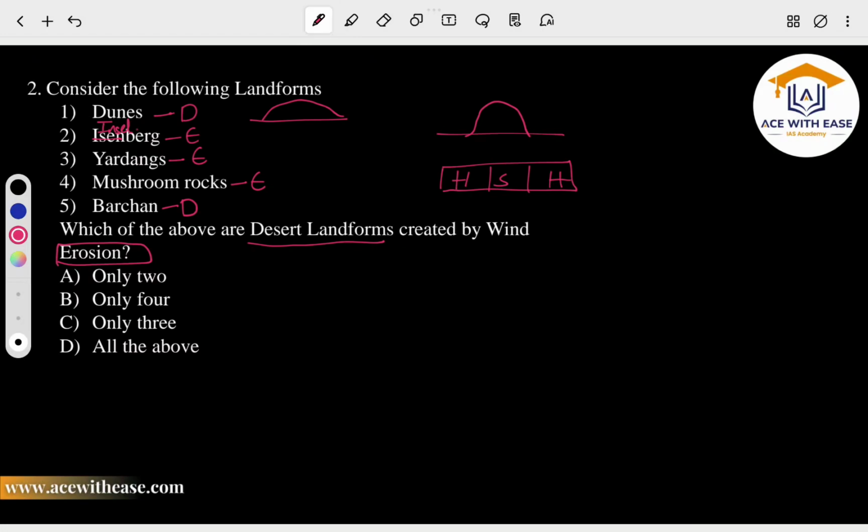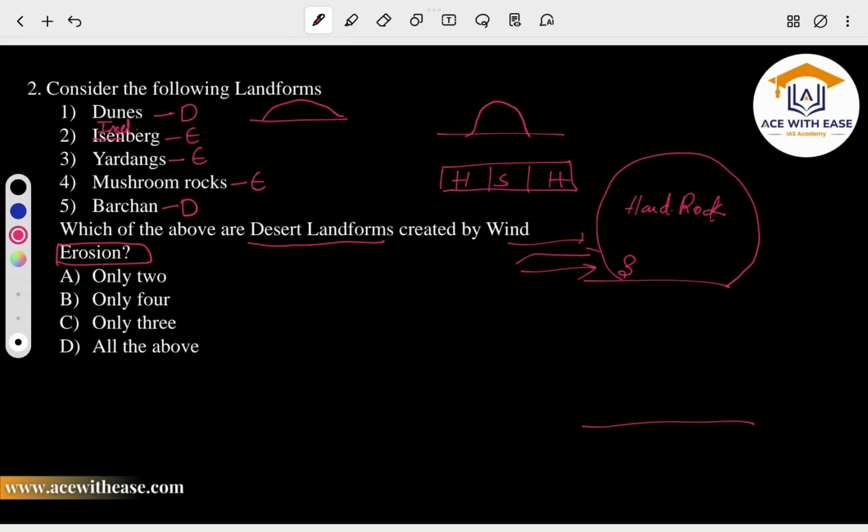And one more, we have mushroom rocks. Whenever we have a big rock where soft rock is present at the bottom and comparatively harder rock at the top, the wind at the bottom level will be high and the friction is high, so the rock will be eroded faster, and a mushroom-shaped rock is formed.